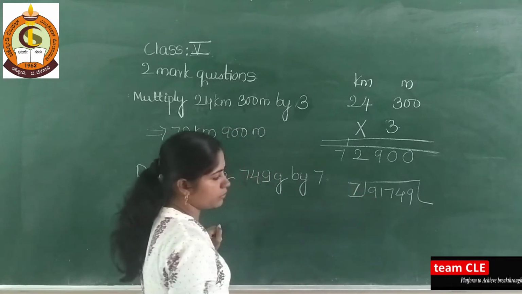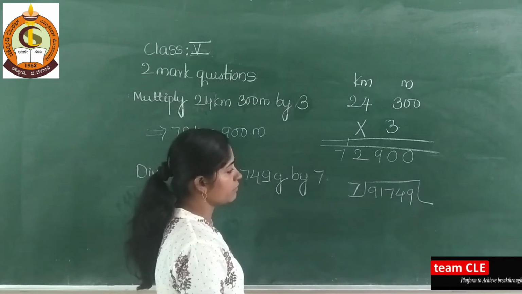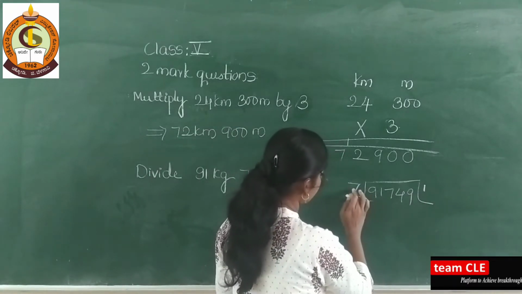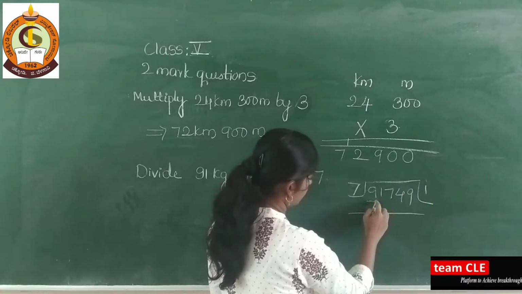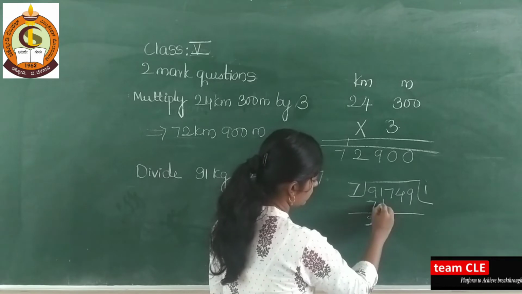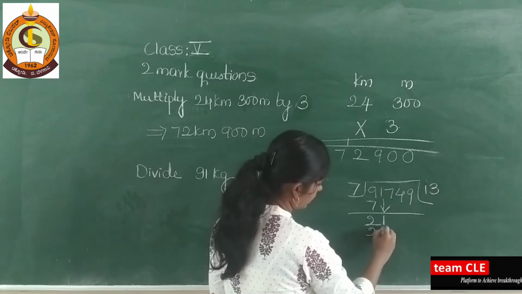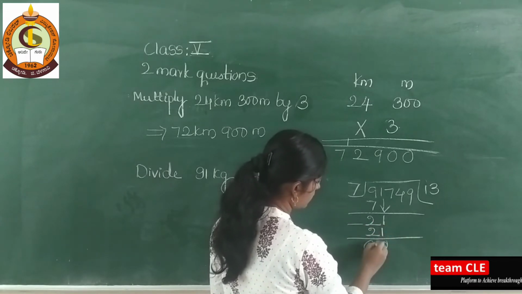Start dividing the number. The same way you divide whole numbers, you have to divide here also. 7 ones are 7. Next, 9 minus 7 is 2. Next you take this 1 down, 7 3s are 21. 1 minus 1 is 0, 2 minus 2 is 0.